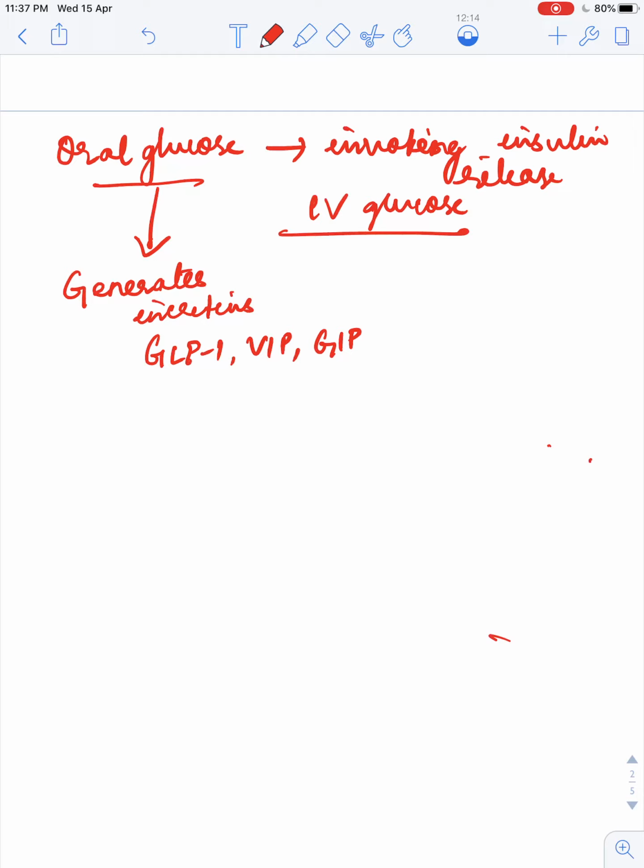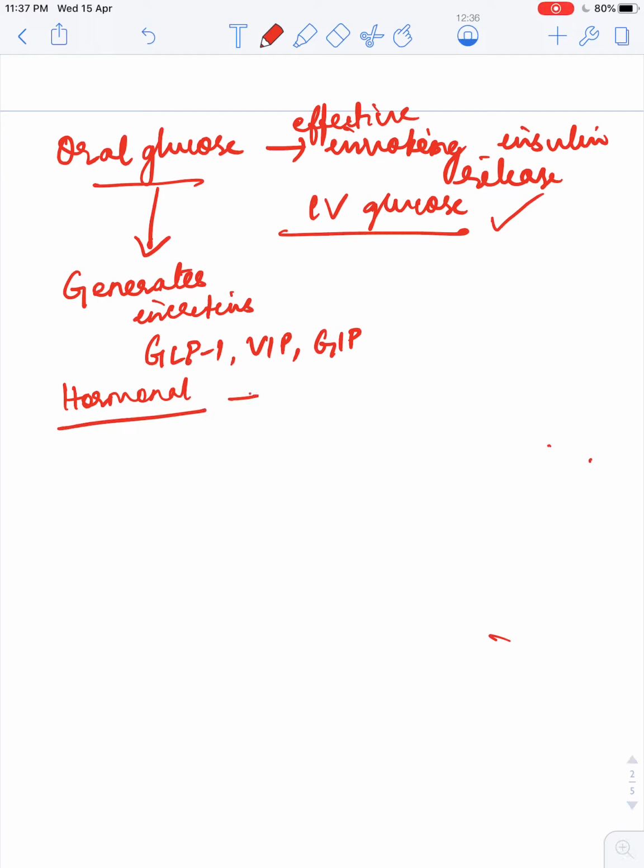That is why it is more effective in invoking the insulin release than the IV glucose in a case of hypoglycemia.